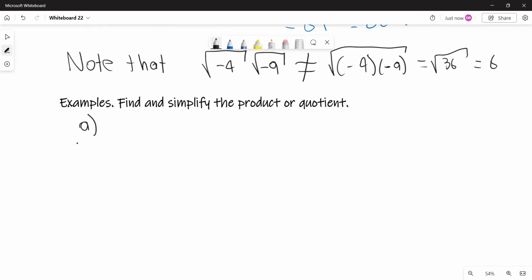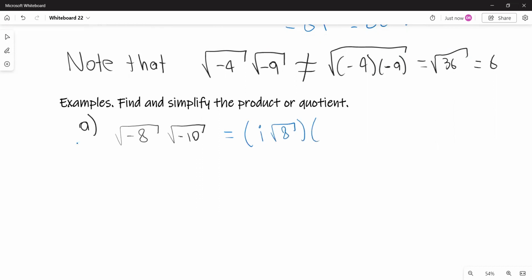That's the square root of -8 times the square root of -10. We're going to simplify and write in terms of i. That one is going to be, in particular, a real number. This is i times the square root of 8 times i times the square root of 10.